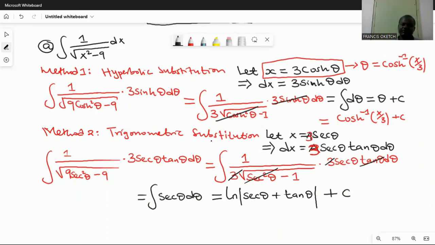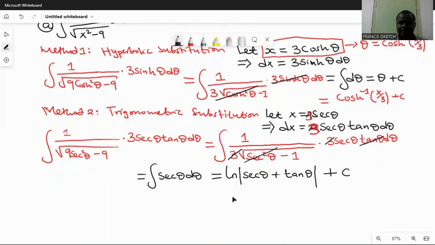So we now have the answer, but you have to leave this answer in terms of x. So I have to replace sec theta, I also must replace tan theta. And that you can get from our substitution. Check where we defined our theta in method 2. In method 2, x was equal to 3 times sec theta.